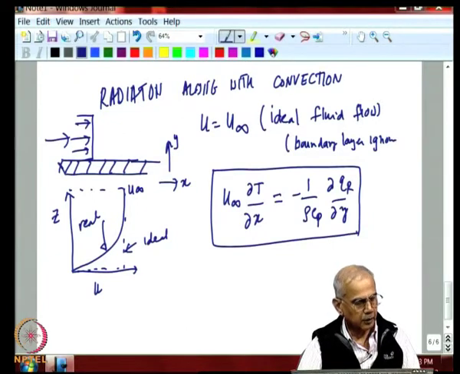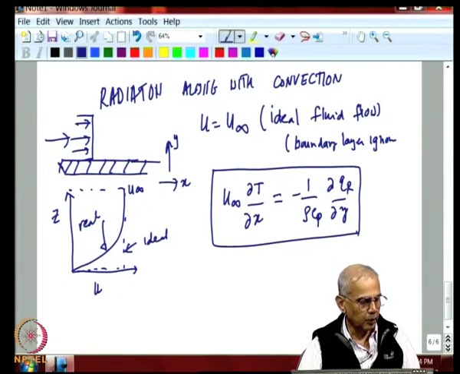Now, further we will take up a case where this problem is linearized. Now, we saw that if we do not linearize the radiative transfer equation, the problem becomes highly nonlinear and interpretation also is difficult.